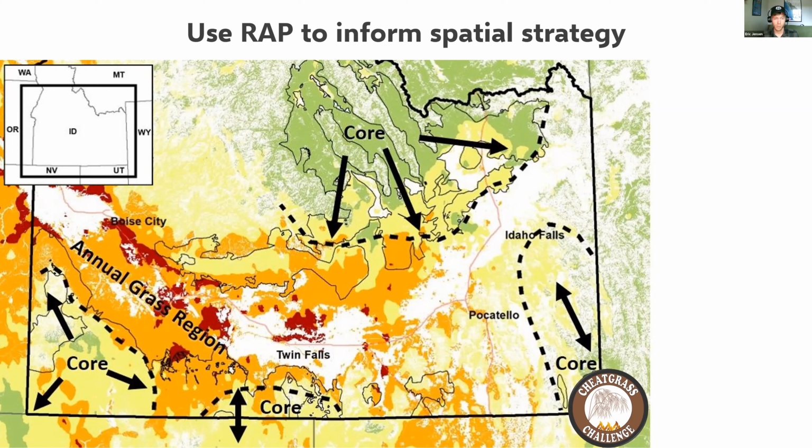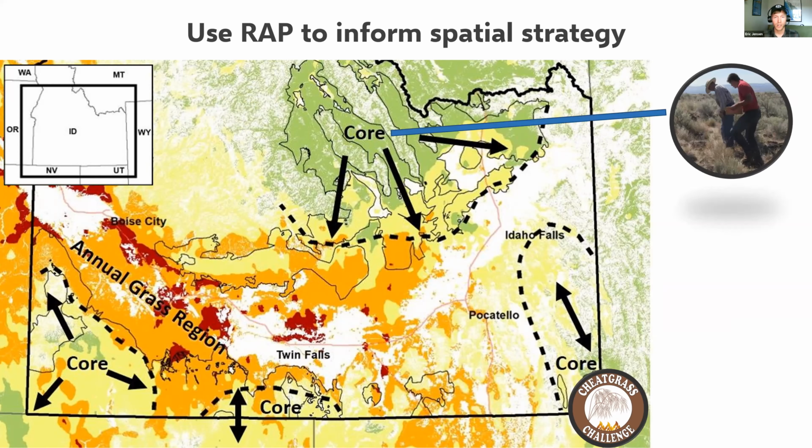And so what might this look like on the ground, bringing this out of the abstract maps and into how we usually see these landscapes? Well, in those core areas, where there's intact sagebrush and deep-rooted bunch grasses or whatever the native vegetation type is, it might be early detection and rapid response approaches with spot treatments of small infestations.